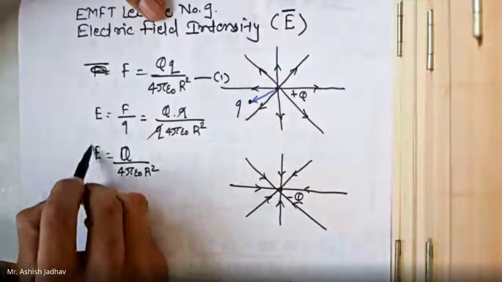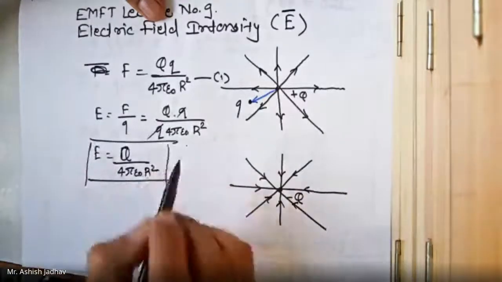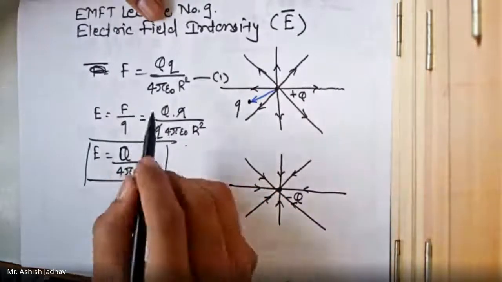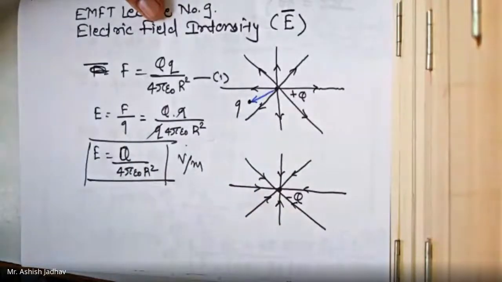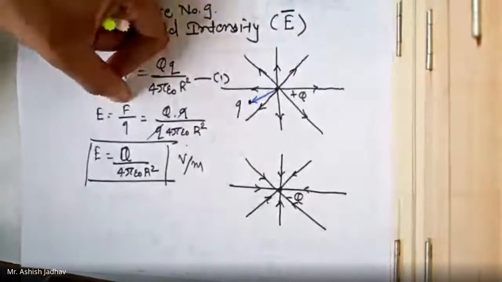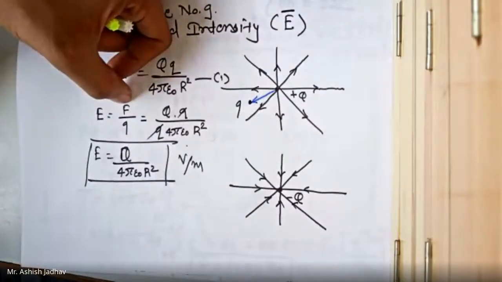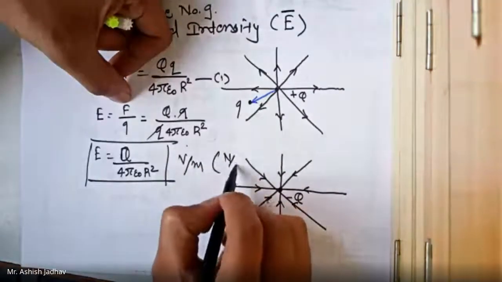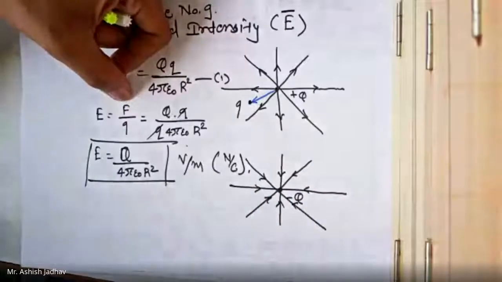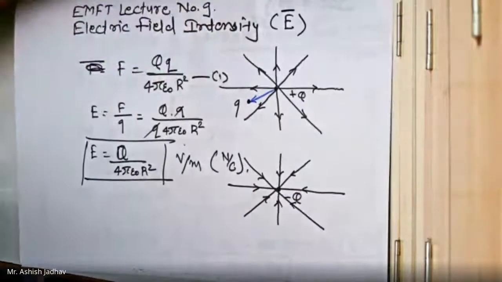The unit of this electric field intensity is actually volts per meter, right? And if I write this in terms of force divided by charge, it will be Newton per Coulomb, right? Now I want to express this in terms of a vector.